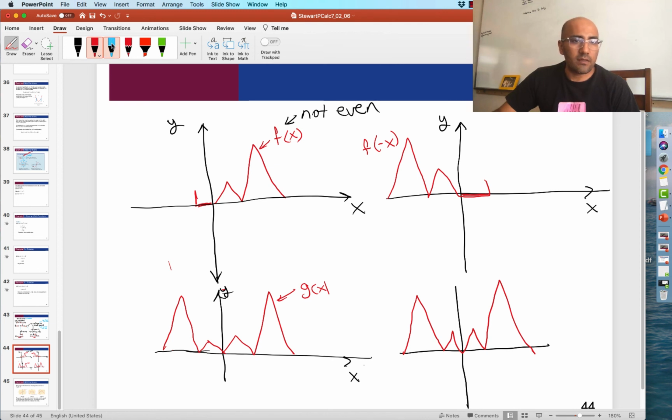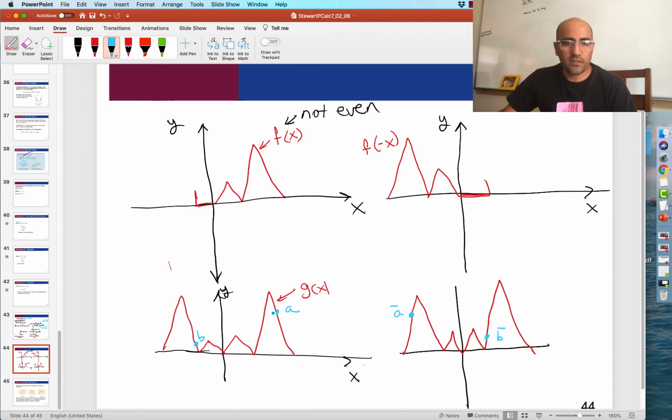But there is movement. They look identical, but there is movement. This point here, point A, when we reflected it about the y-axis, moved over here to become this point over here, A bar. And a point right in here, B, in the original function, rotated to become this point over here, B bar.